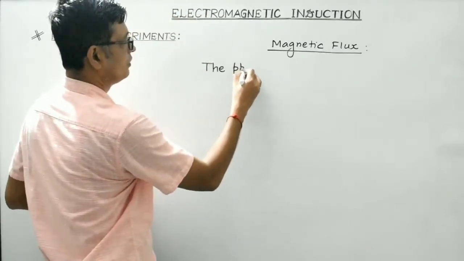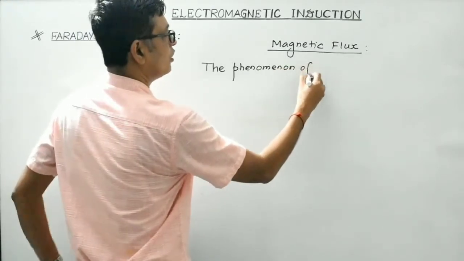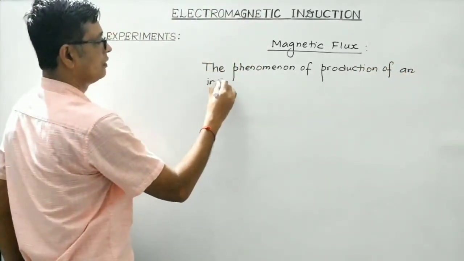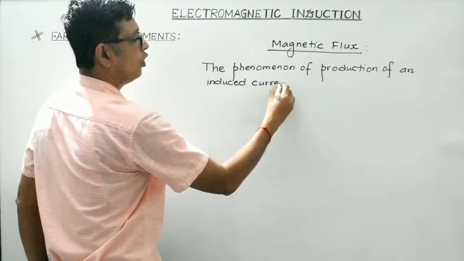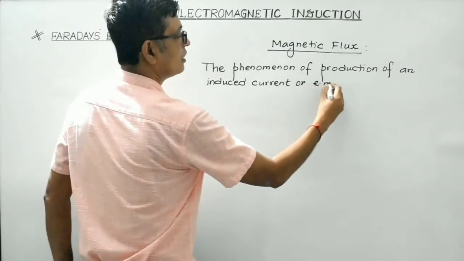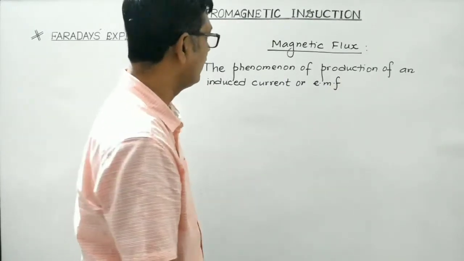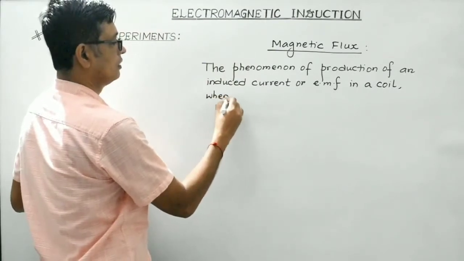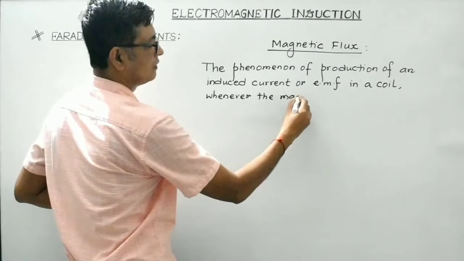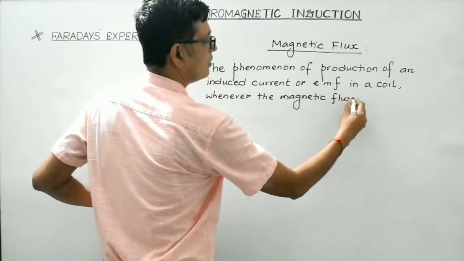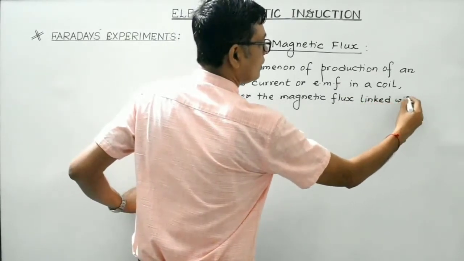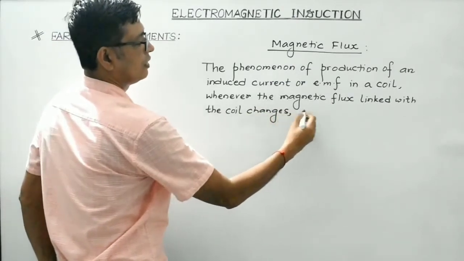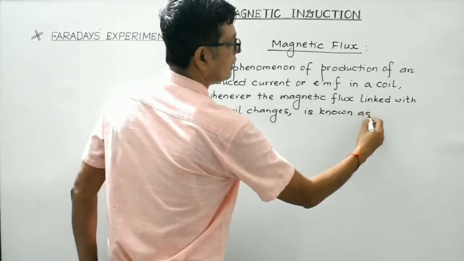So the phenomenon of production of an induced current or EMF in a coil whenever the magnetic flux linked with the coil, or associated with the coil, changes is known as electromagnetic induction.